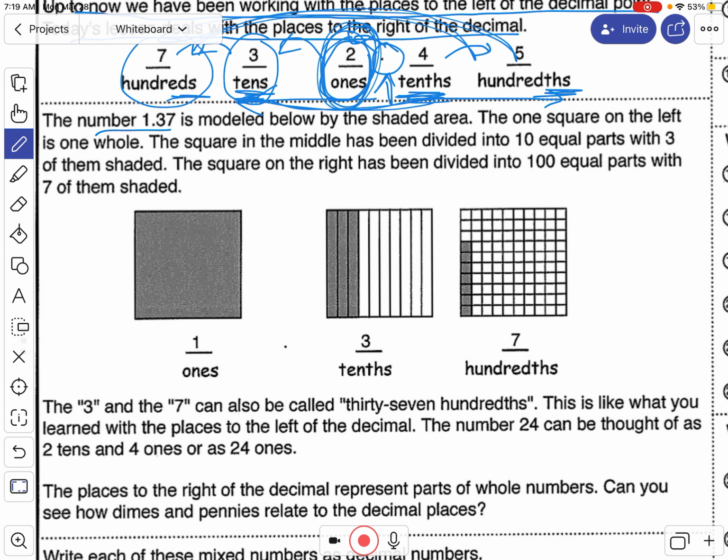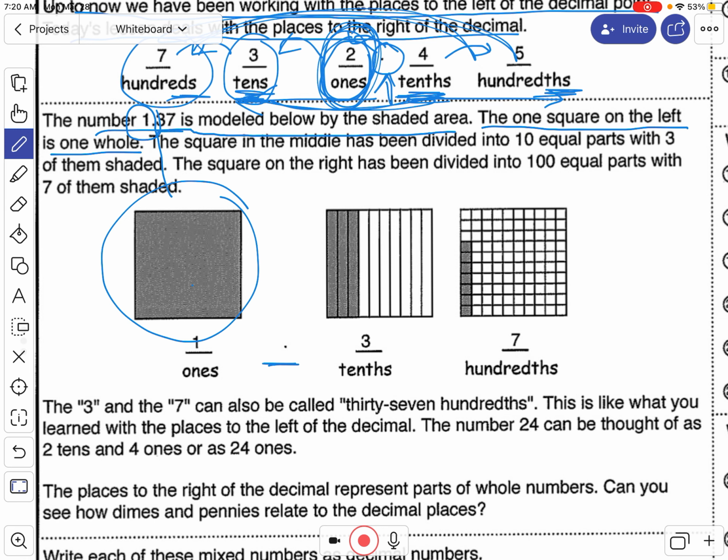So here we go. The number 1.37 or 1 and 37 hundredths is modeled below by the shaded area. The 1 square on the left is 1 whole. So this is related to that right there. Notice the decimal point. That's 1 whole, just like you've always done for several years now.